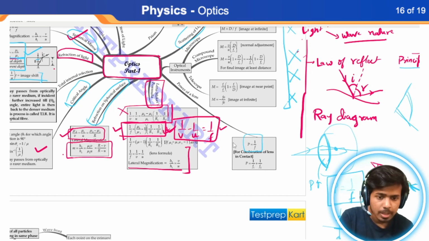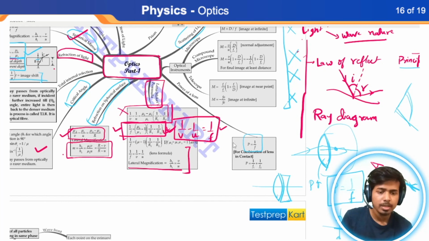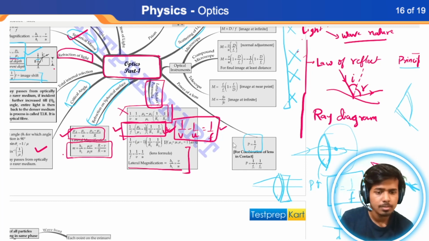And whenever you have two optical instruments, let's say a lens joined by another, let's say concave lens, then the light will come here and come here, and then due to the second lens it will diverge, right?